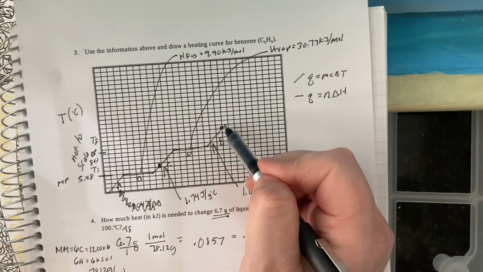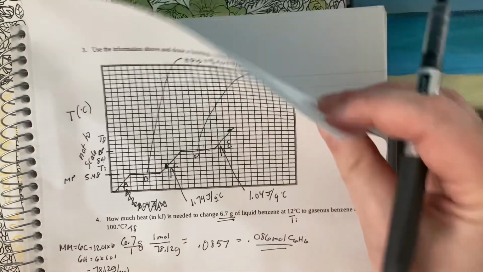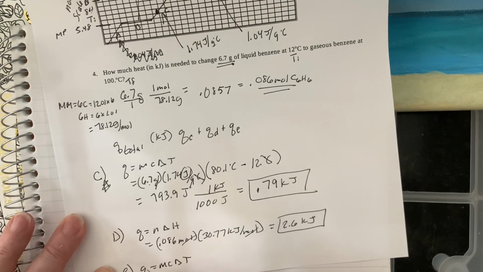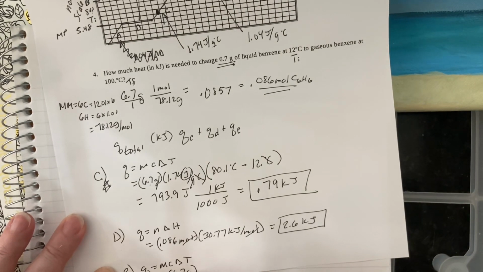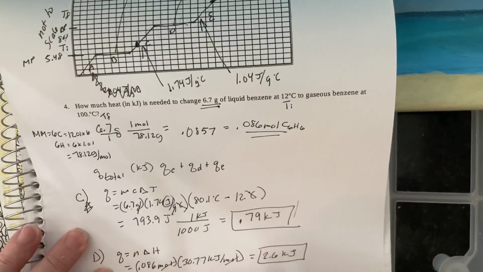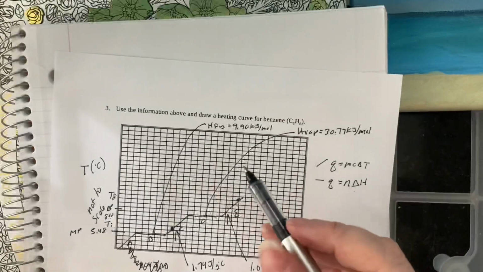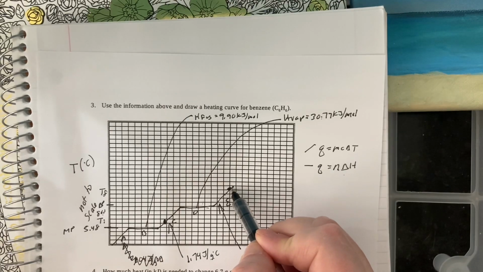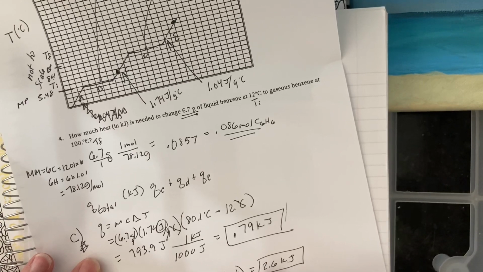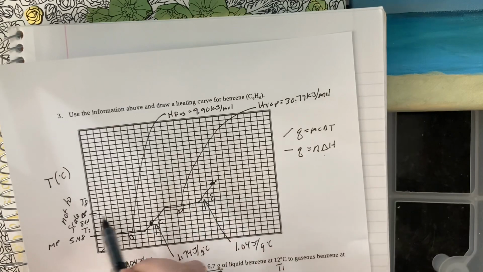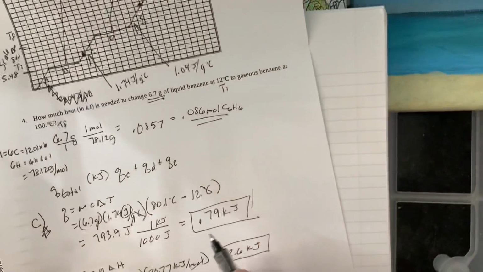Now we're on step E, which is a diagonal, so I'm going to use the MCAT equation. My mass, 6.7 grams. My C, 1.04 joules per gram degrees C. Delta T, well, my final temperature is the official final temperature of 100, minus where that line segment started. That line segment started here, which is at 80.1.